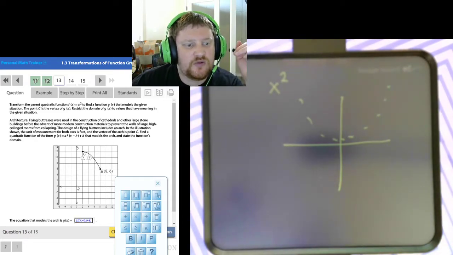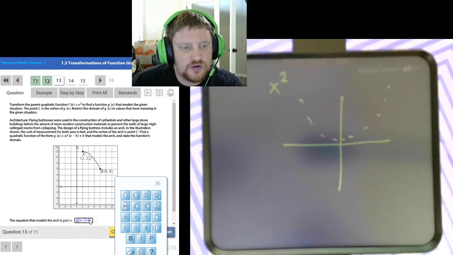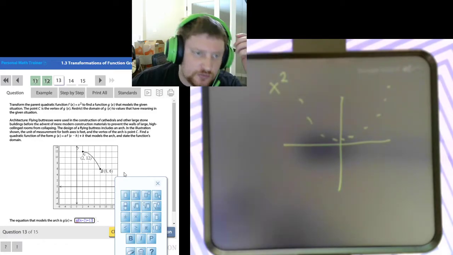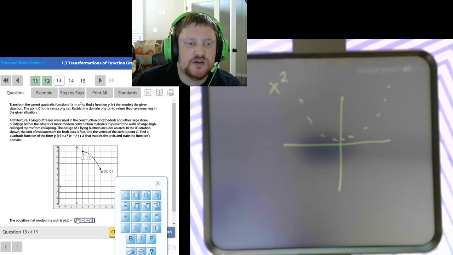Okay, so we said we're moving 2 to the right, so that would be minus 2. So h is 2. And then we're moving 12 up. Now all we have to do is find what our a value is.